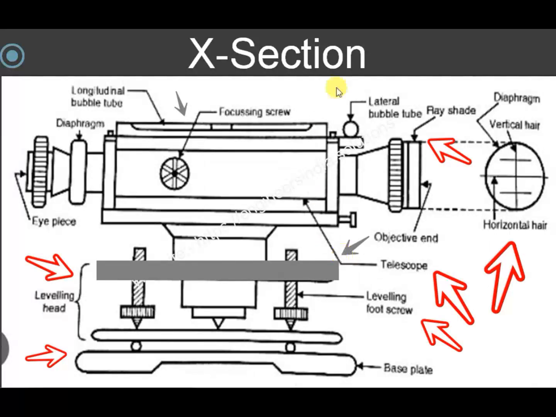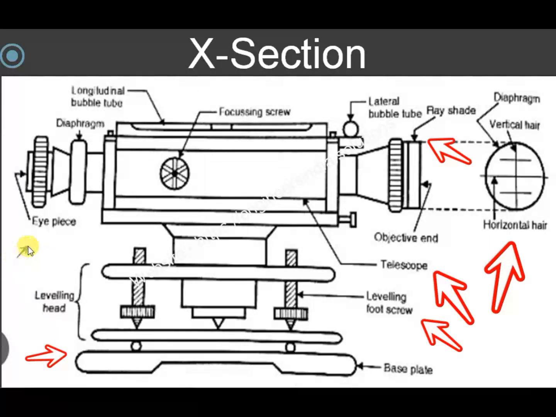Then we have the eyepiece. The eyepiece over here, and the focusing screw right over here helps to clear up the image. Then we have the diaphragm over here, and the diaphragm is cleared up with the help of an eyepiece over here, where the diaphragm moves to and fro.